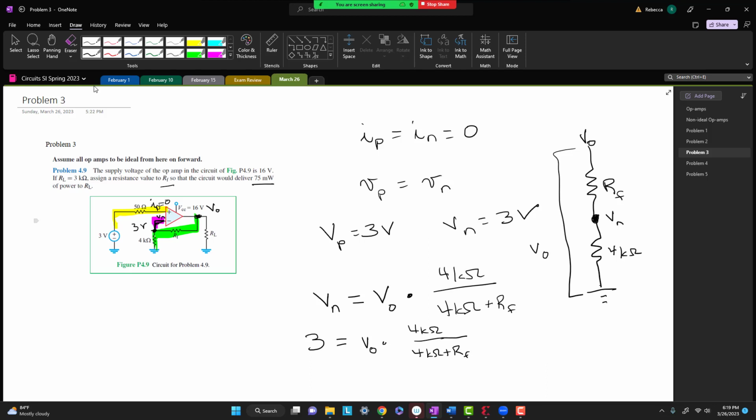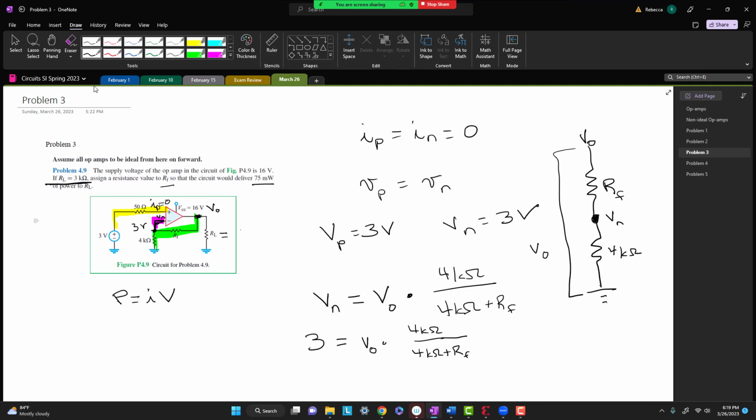So I know that power equals IV. And we are given in the problem that RL equals 3 kiloohms.